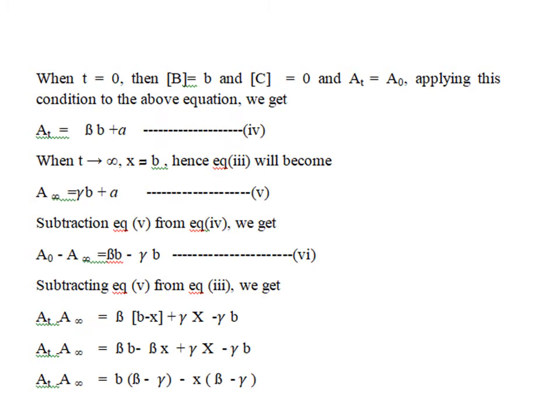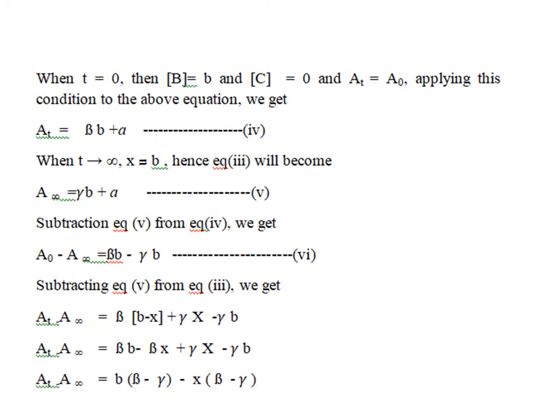When T tends to infinity, X is equal to B. Hence equation 3 will become A infinity, that is absorbance at infinity, equal to gamma B plus alpha. This is equation number 5.